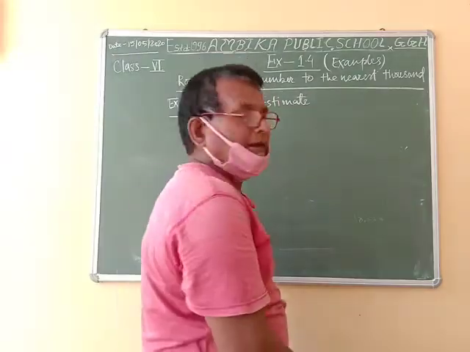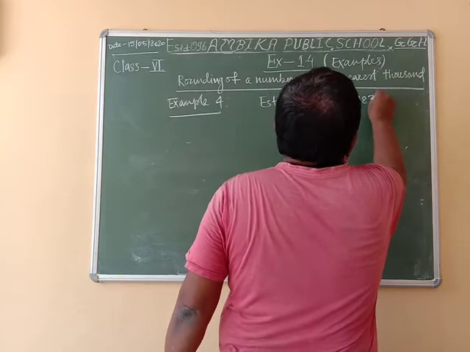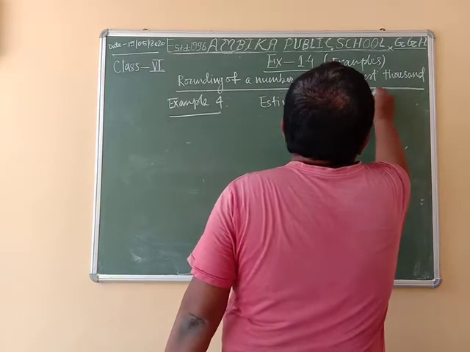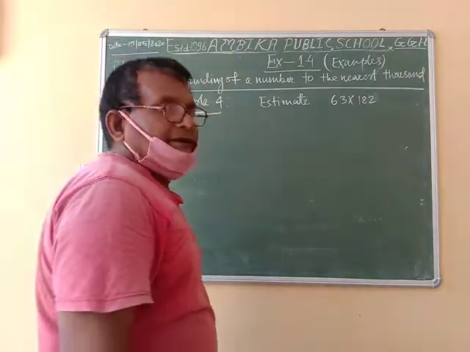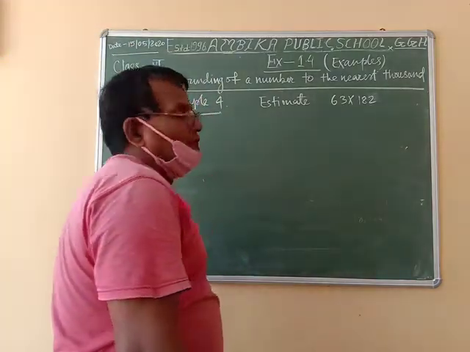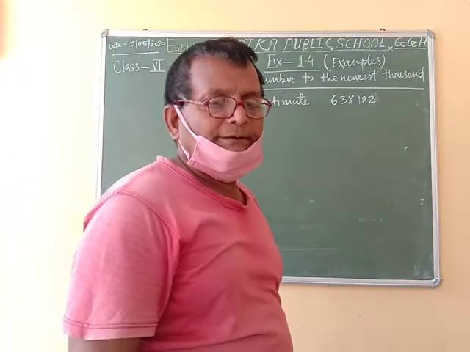Estimate 63 into 182. Here you have to multiply 63 by 182. At first we estimate.